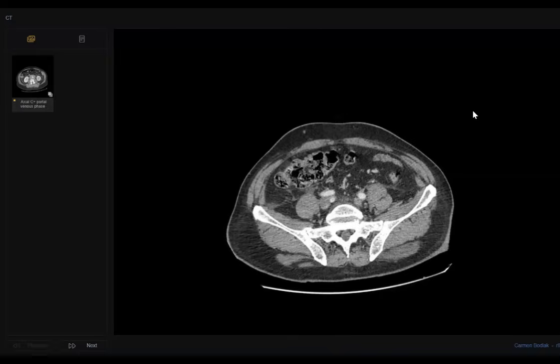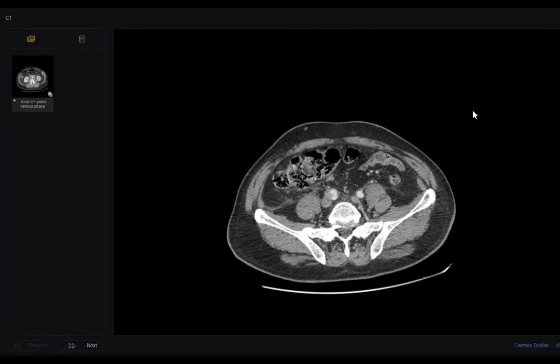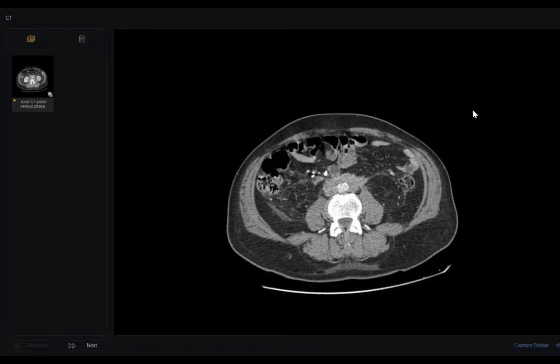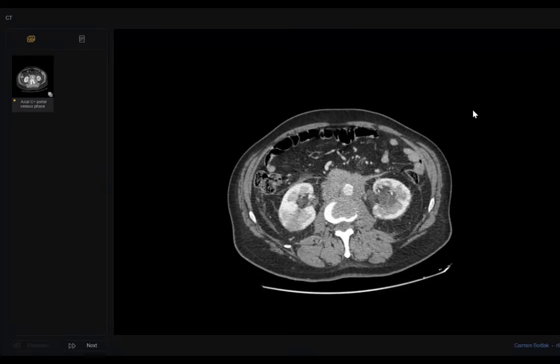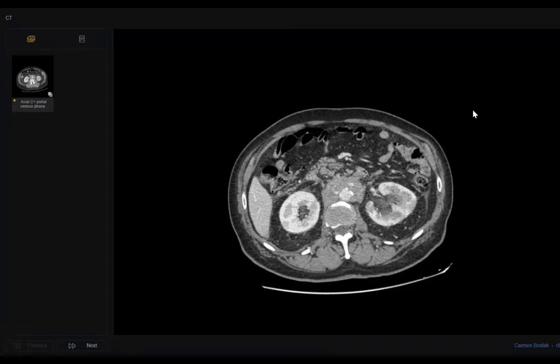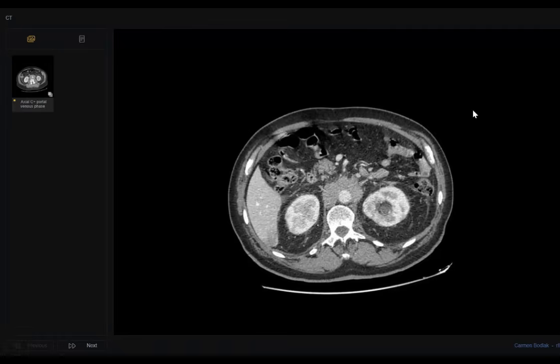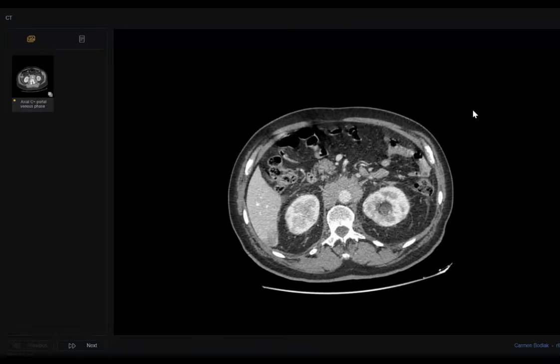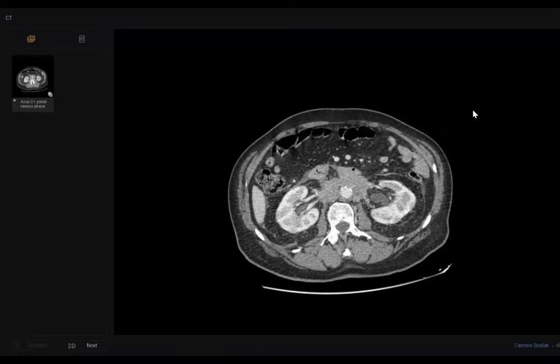I am thinking of retroperitoneal fibrosis, so I have to check the kidneys for any hydronephrosis. There is prominence of both pelvicalyceal systems. I do not see any other renal lesions.